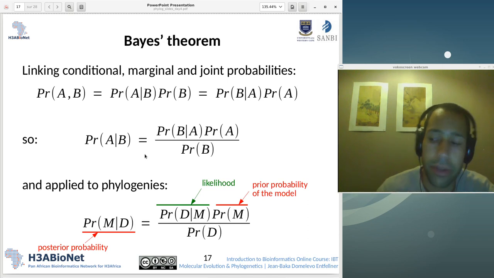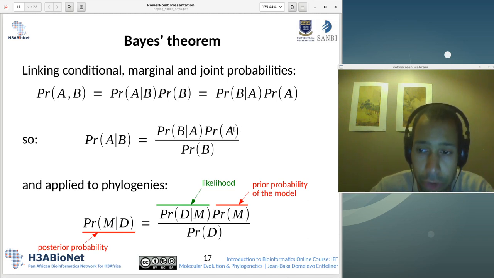Let's first start with remembering Bayes' theorem. It's a theorem linking conditional, marginal, and joint probabilities. This is the joint probability of A and B happening together simultaneously.